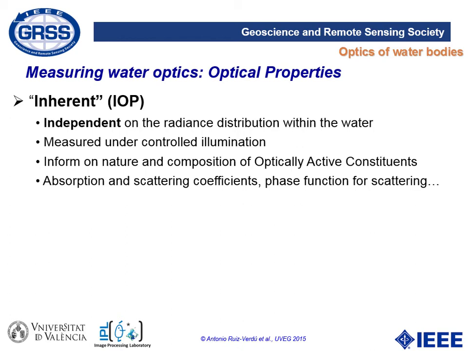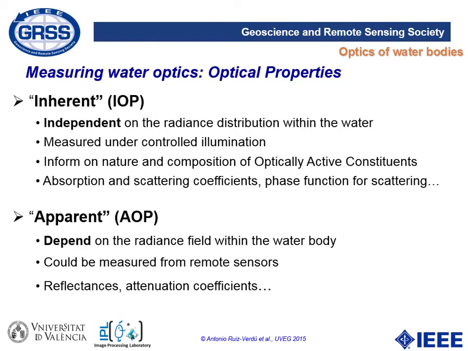The inherent optical properties are measured under controlled illumination, as we'll see later, typically in setups with collimated parallel light. They are very important because they are directly correlated with the nature and composition of the optically active constituents. Some of these optical properties are the absorption and scattering coefficients, the phase function for scattering, and others.